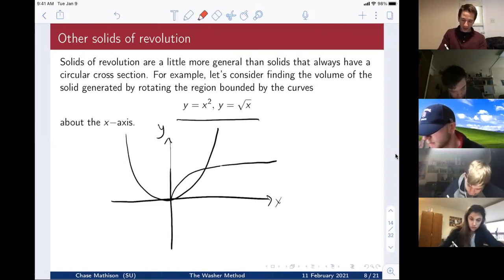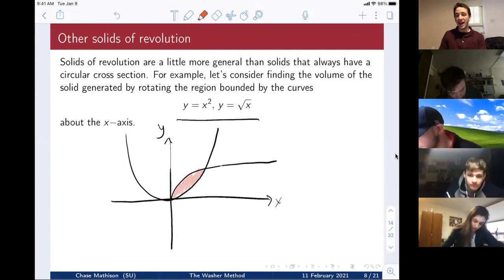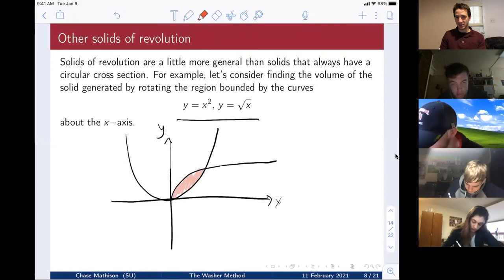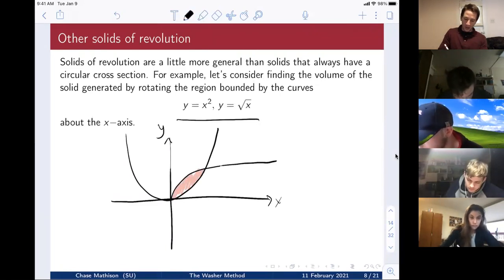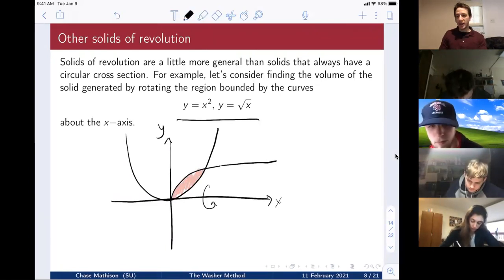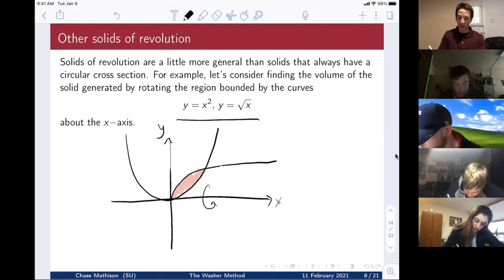If I take this region here and rotate that about the x-axis, then I'm not going to just get circular cross sections. Like I said, I'm going to get cross sections that are rings, right?